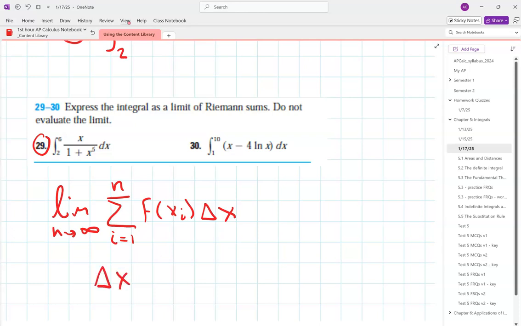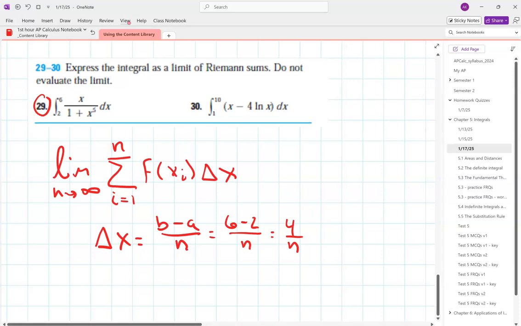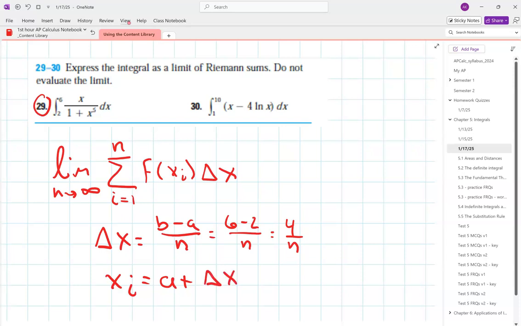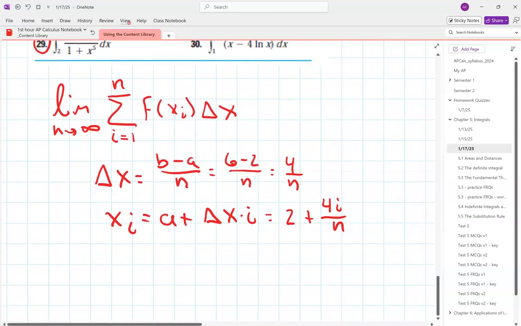And I know that delta x is equal to b minus a over n. So in this case, that's going to be 6 minus 2 over n, or 4 over n. Does that feel okay? And I know that xi is going to be a plus delta x times i. So that's going to be 2 plus 4i over n. And that should be everything.